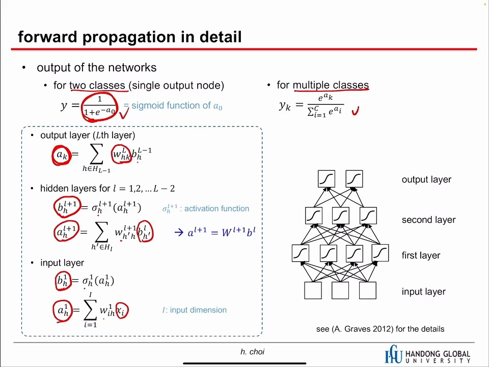But anyway, for the propagation, these are all the equations we have. From input, multiply the matrix, and we get A, apply the nonlinear function, we get B, and iteratively we run these layers. And this equation can be rewritten in a matrix formula. This is a vector, this is a matrix, and this is a vector.